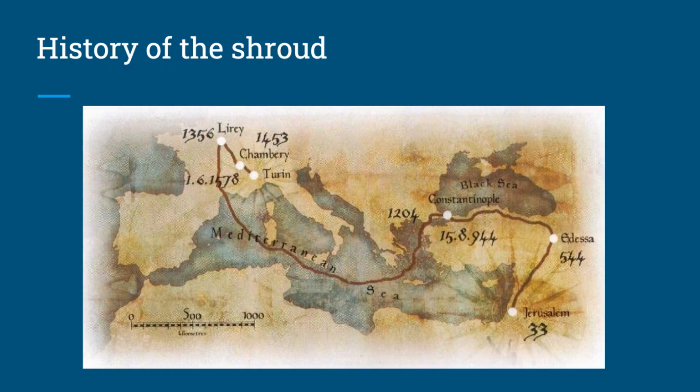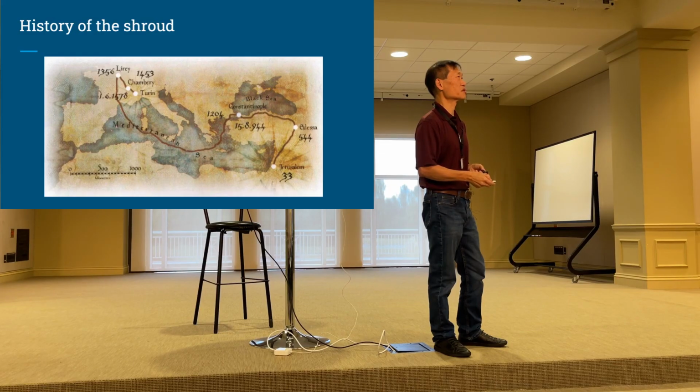Okay, so the shroud would have started in Jerusalem, 33 AD, and then gone to Edessa. And in 544, Edessa fell to the Persians. And then in 944, Constantinople reclaimed the shroud from Edessa, but they lost the shroud in 1204 during the fall of Constantinople.